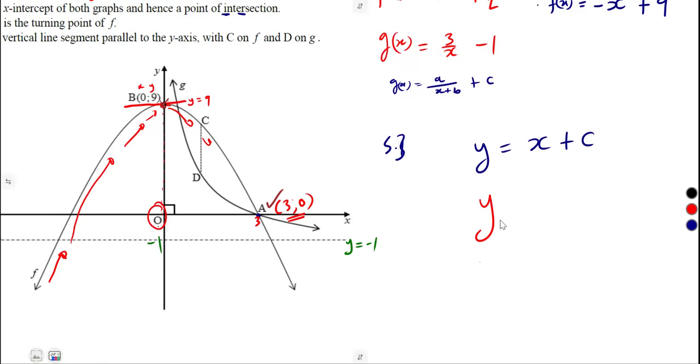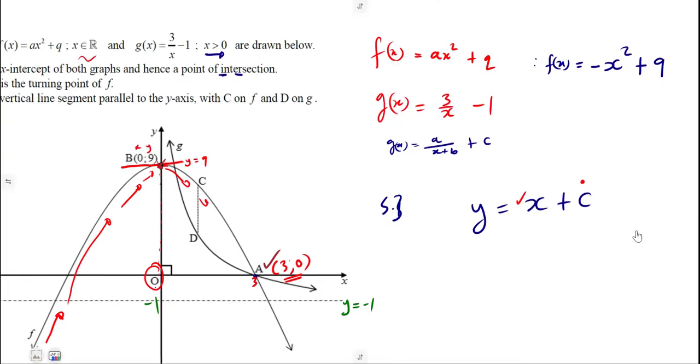When it has a negative gradient, y is equal to minus x plus c. It is always x or minus x. There is no other number that we must have. It's always 1 or -1. So when it has a positive gradient, we're going to use the first one, a positive 1. What we just need is to find the value of c, which we can determine from the asymptotes, because the line is going to pass through the asymptotes.